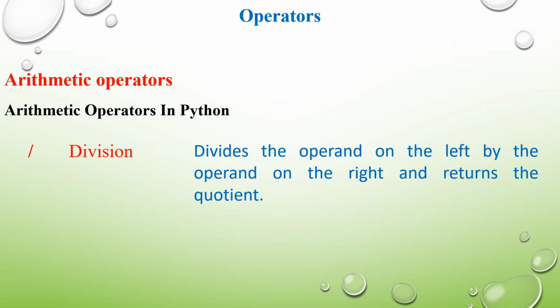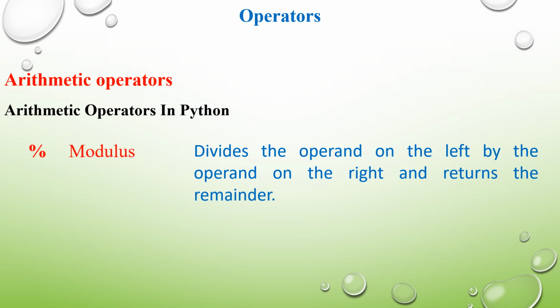Fourth kind of arithmetic operator is slash, that is division. It is used for dividing a number by another number. Slash divides the operand on the left by the operand on the right and returns the quotient value.